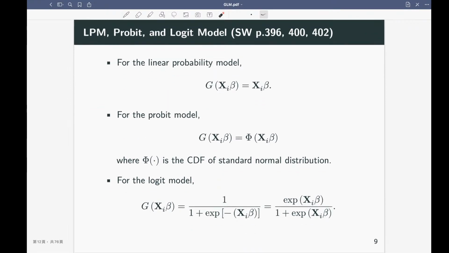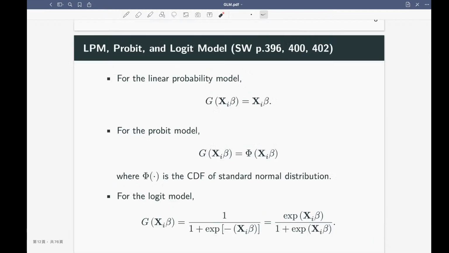Now we discuss the model settings for the linear probability model, Probit model, and Logit model. At first, LPM, linear probability models, we use the identity link. So you can find here capital G of x beta is equal to x beta. In the Probit model, we use the Probit link, the inverse normal CDF.